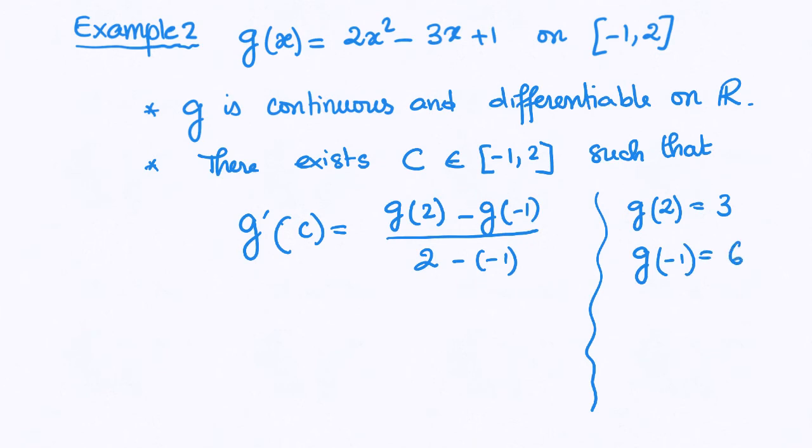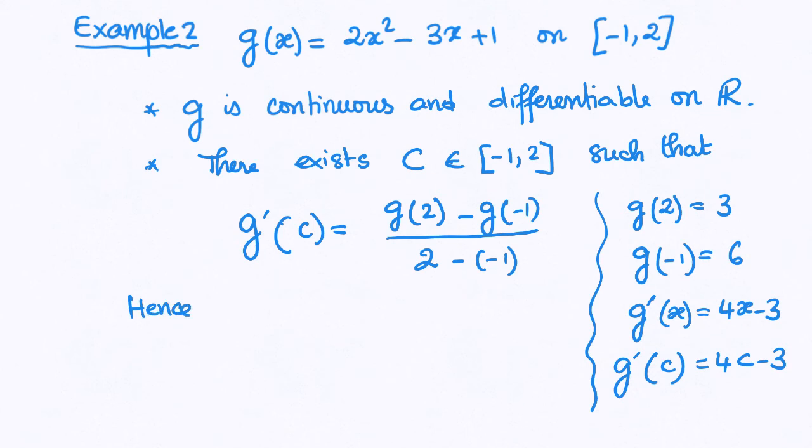Of course, g dash, the derivative of the function, is 4x minus 3, and therefore g dash at c will be 4c minus 3. So we bring all of this here, hence 4c minus 3 will be equal to g of 2, which is 3, minus g of minus 1, which is 6, over 2 minus 1, which is 3.